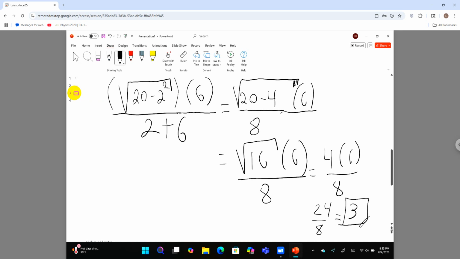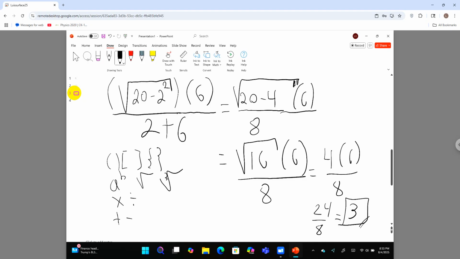So again, I want to emphasize that we follow the rules first: parentheses, brackets, braces, all those things, grouping symbols. Then we do exponents, right? Or square roots or cube roots, any roots. Then we do multiplication and division, and at the end we do addition and subtraction.